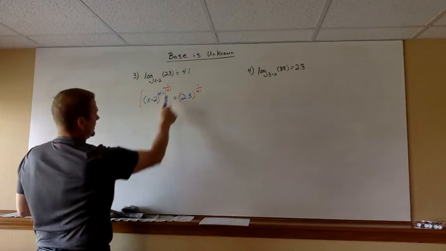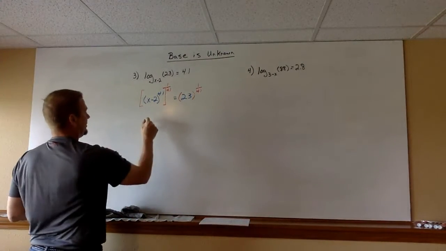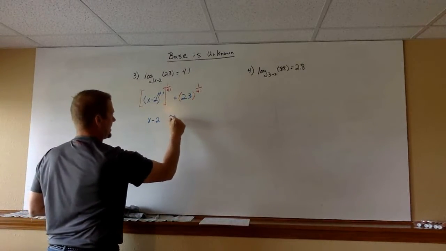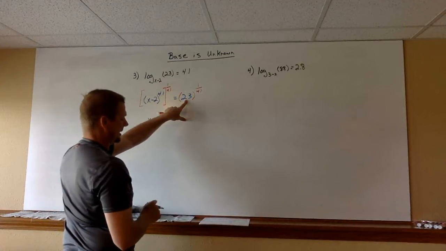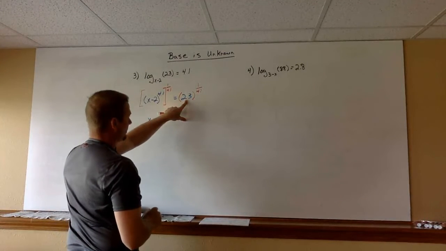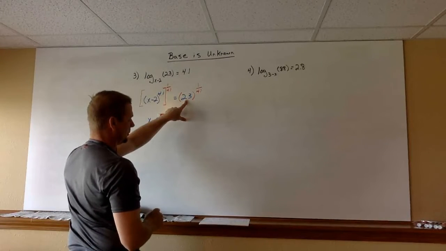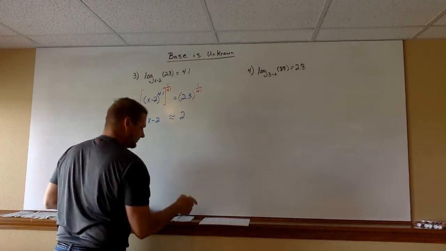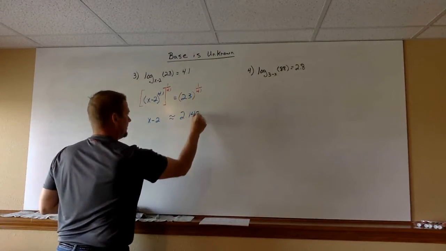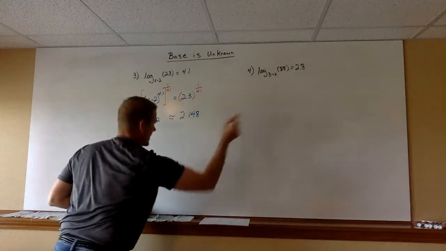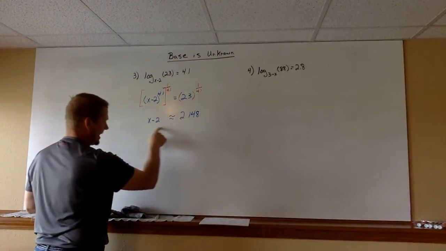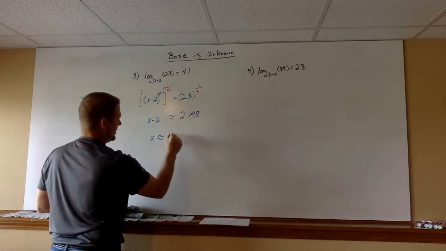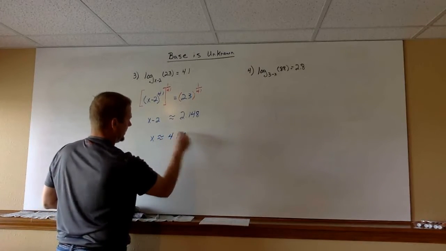These two exponents give me x minus 2 to the first power, which is approximately equal to, if I type this into my calculator, 23 raised to the 1 over 4.1 power, approximately 2.148. The decimals keep going on, so I'm just going to round it off. I need to add my 2 across. In this case, x is approximately equal to 4.148.